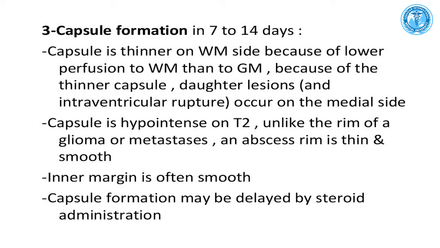The capsule is hypointense on T2, unlike the rim of a glioma or metastasis. An abscess rim is thin and smooth. The inner margin is often smooth. Capsule formation may be delayed by steroid administration.